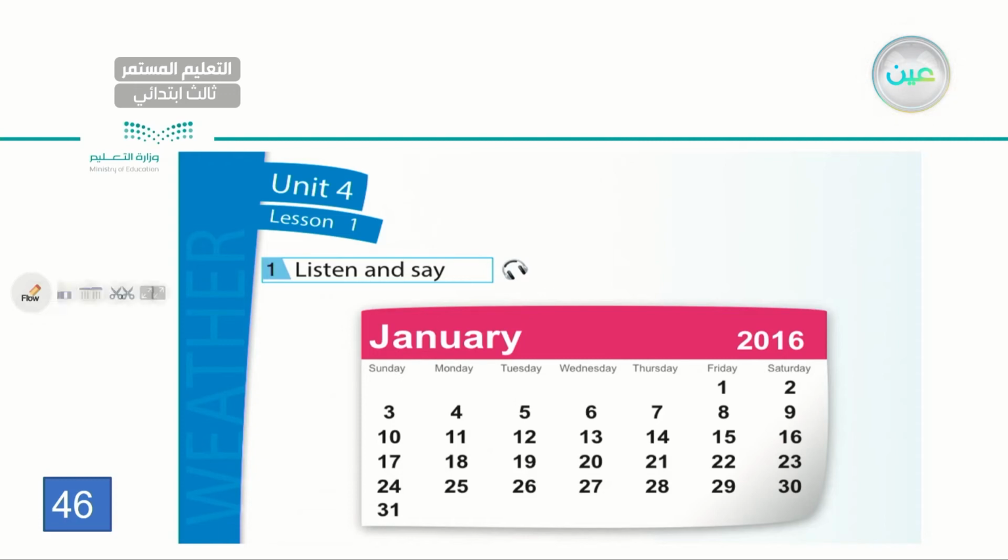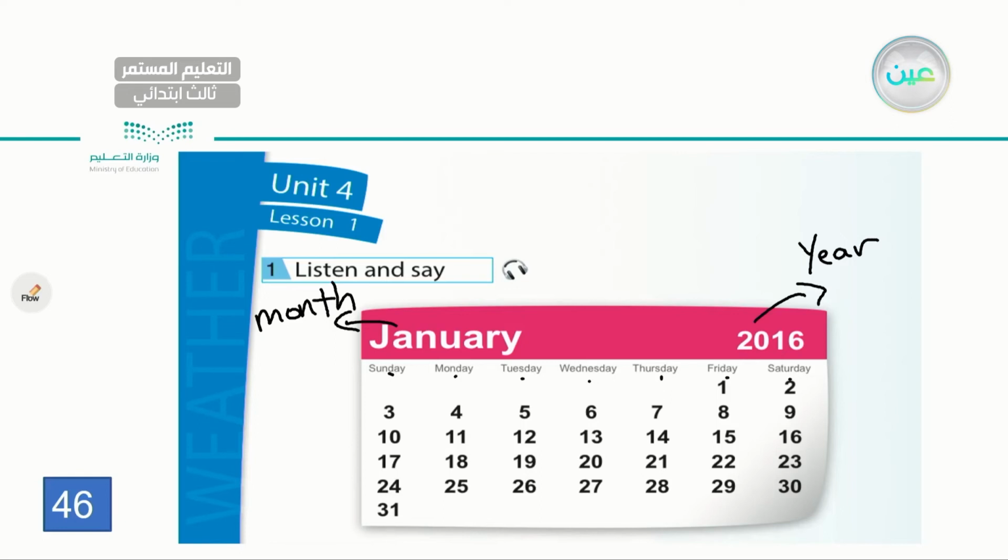Now, this is a page of the calendar. Here I have the name of the month, January. Here I have the year we're in. And then here I have 1, 2, 3, 4, 5, 6, 7. I have the days of the week, right?